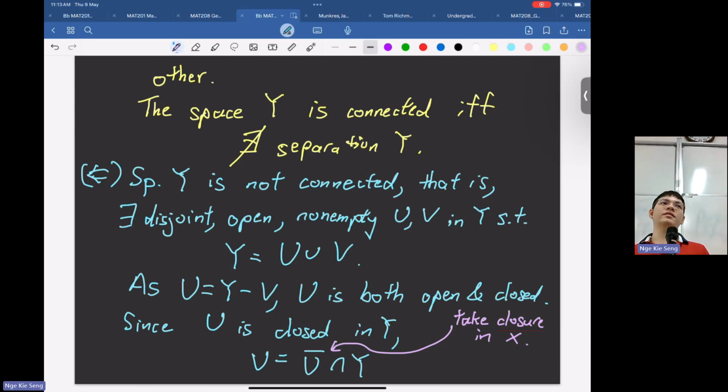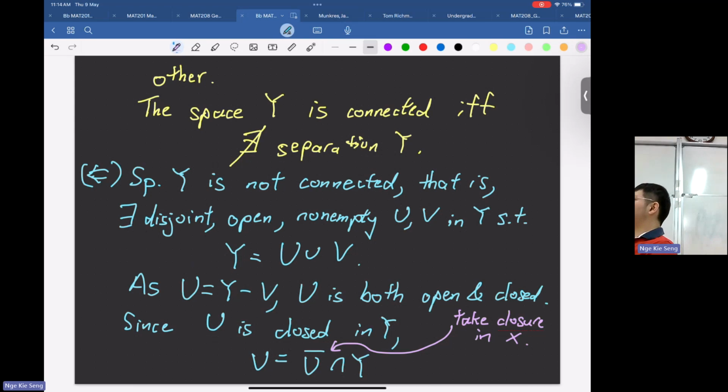Right? I mean, there's a criteria to talk about whether a closed set in the subspace being closed implies it is closed in the original space. Okay, this is only when the subspace itself is closed. Okay, a closed set of a closed subspace is closed in the original space. Okay, this is what we proved last time. So when we take the closure of a set, usually we take the closure in the original space.